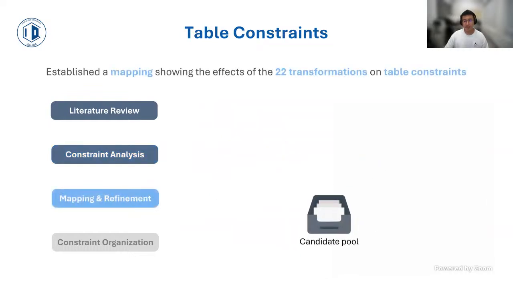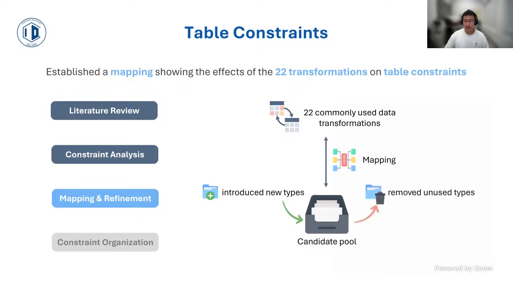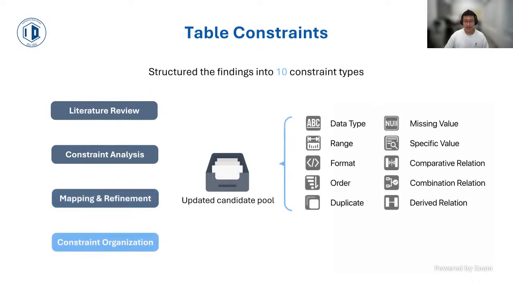Next, we establish a mapping showing the effects of the 22 transformations on table constraints from the candidate pool. During the construction phase, we introduce new constraint types and remove unused constraint types. Based on the data transformation features, we define 4 scopes of constraints and use different colors to present them. Finally, we organize and categorize the updated candidate pool, resulting in 10 constraint types.